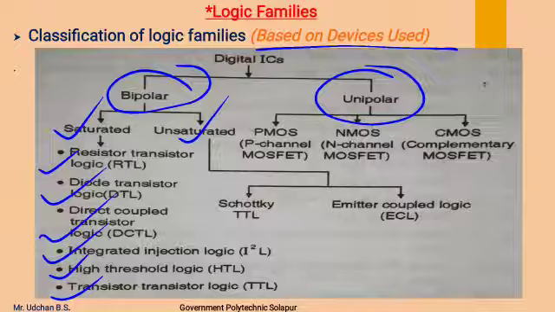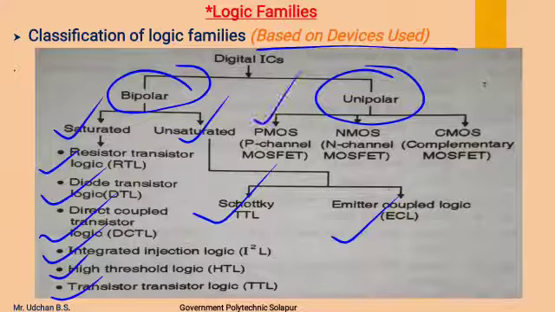Again, in unsaturated bipolar devices, there may be Schottky transistor logic and emitter coupled logic, that is ECL. In unipolar digital ICs, there are three types: PMOS, NMOS, and CMOS.